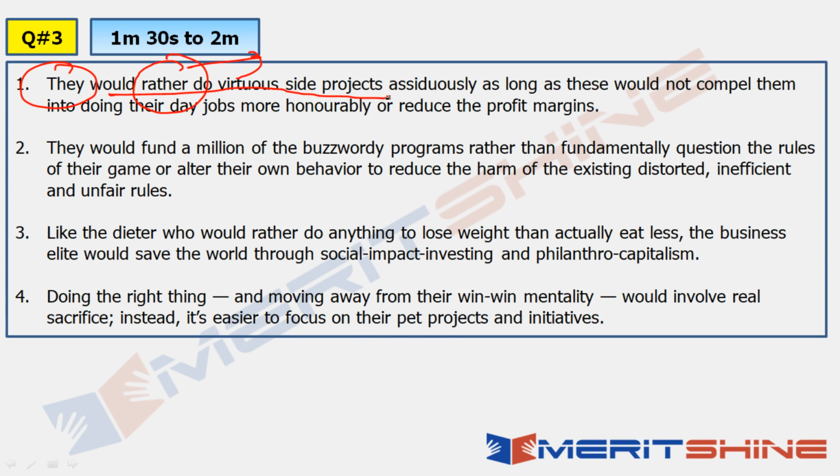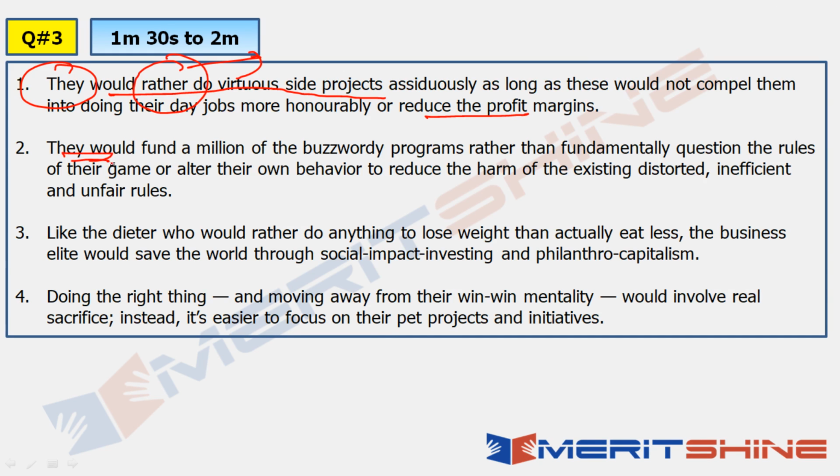They would rather do virtuous side projects assiduously as long as these would not compel them into doing their day jobs more honorably or reduce the profit margins. Okay, so they're talking about some people who would not do their jobs honorably, rather they would do some side projects sincerely.